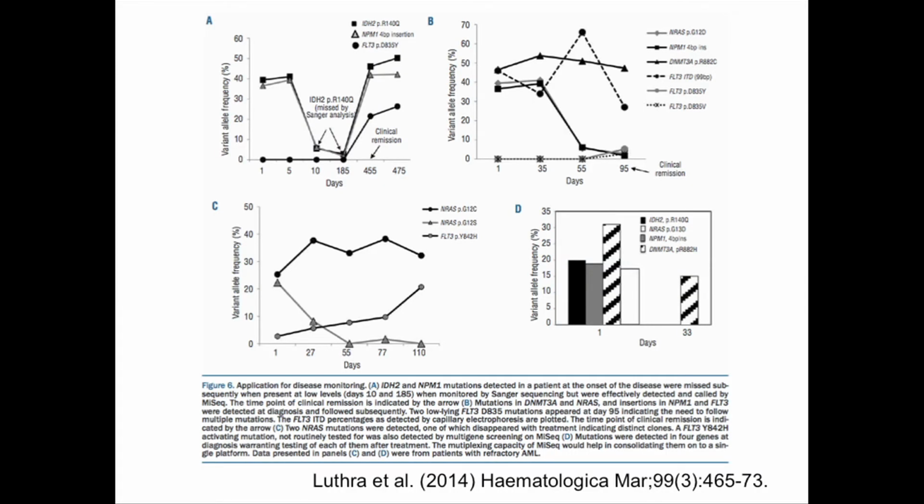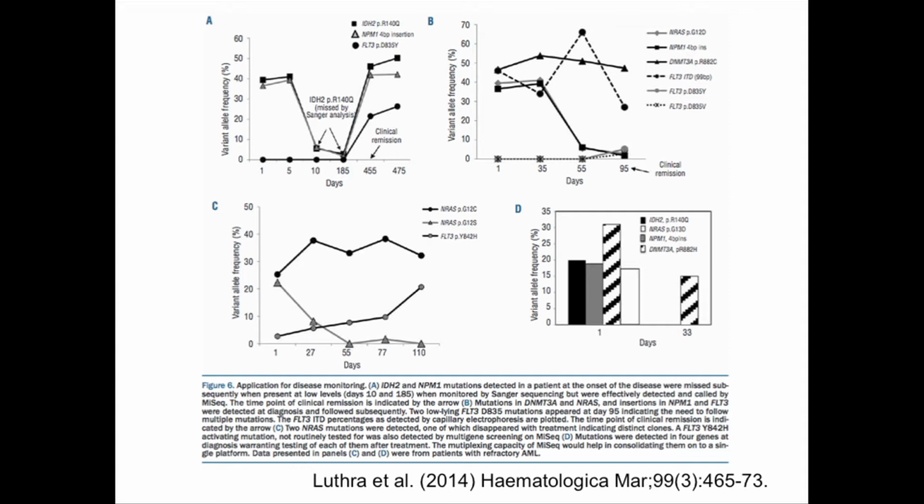The group at MD Anderson has published some early data of this sort, looking at the presence of multiple lesions in patients with AML, showing, as you might expect, what we've seen already with both B lineage ALL and AML in terms of changes in clonal substructure with therapy. In some patients, such as this first patient, the patient relapsed with the development of a FLT3 mutation that wasn't seen at diagnosis.